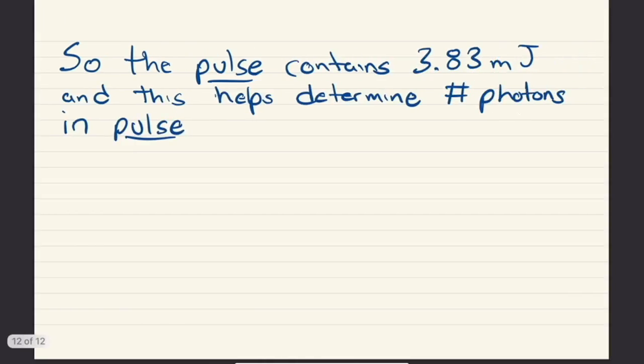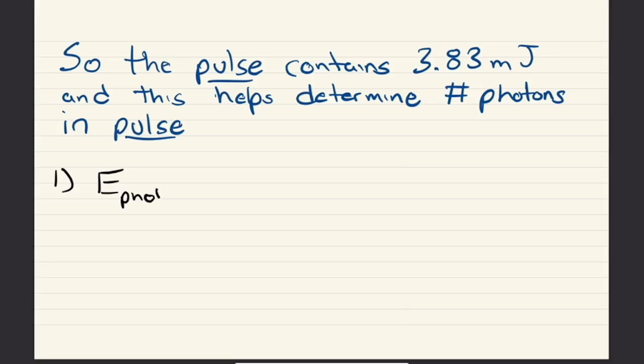Approaching this problem, knowing that the pulse contains 3.83 millijoules, and this will help us determine the number of photons in the pulse, the first step is to find the energy associated with just one photon of that wavelength.